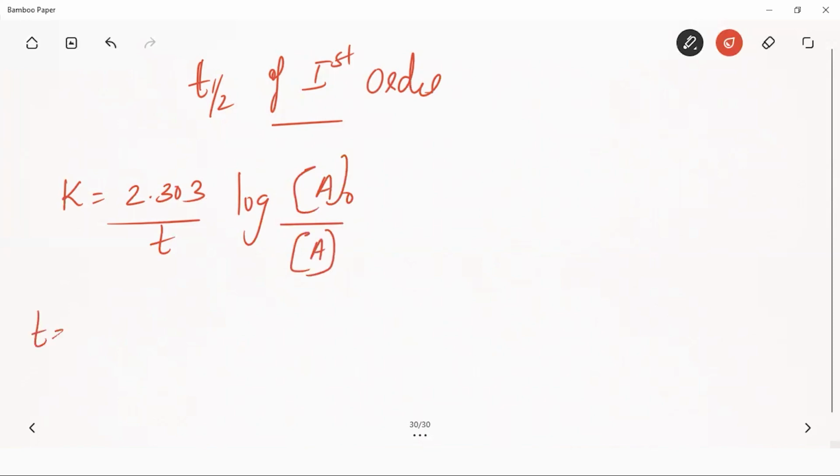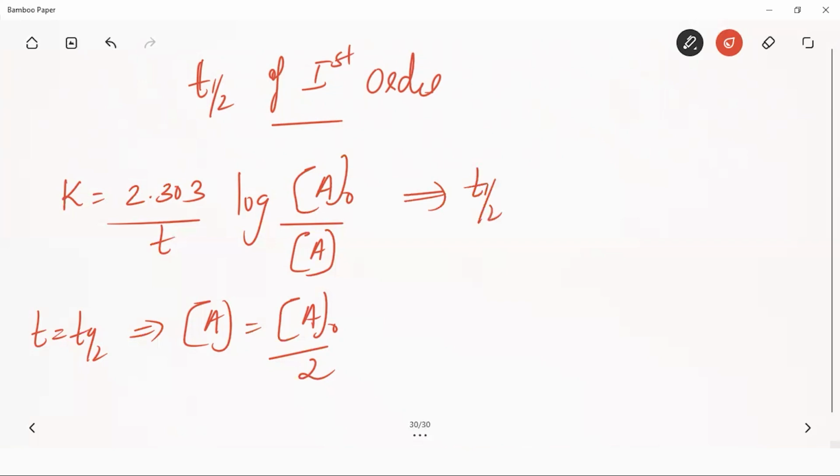When t is equal to T half, that means the concentration has become what? A0 by 2. Then substitute in this equation, you will be getting T half is equal to 2.303 by K log A0 by, instead of this A you can write A0 by 2.